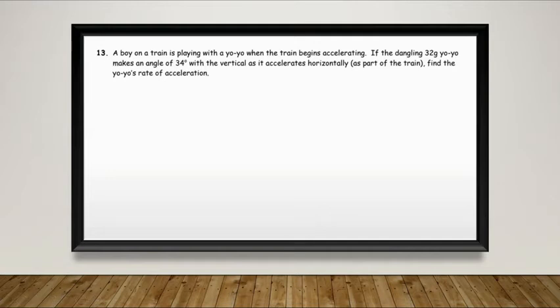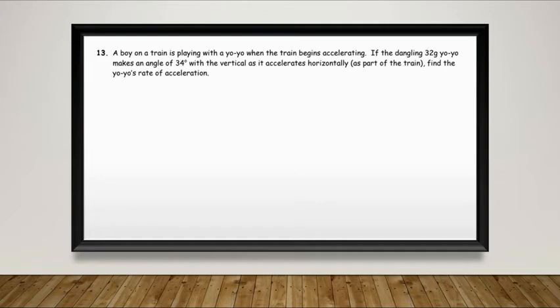Okay, so now we're going to take a look at a very common problem. If you imagine yourself dangling like a watch or a necklace when you're in the car. When someone accelerates that car, all of a sudden you'll see that watch or whatever it is make an angle. Okay, make an angle. And that's because the motion is going to be the same for the watch or for the necklace.